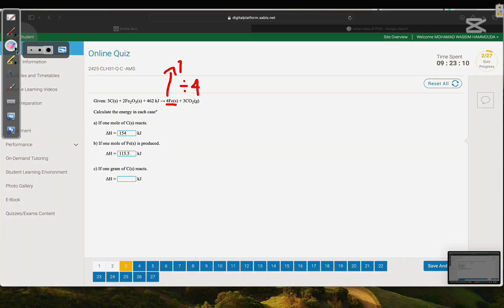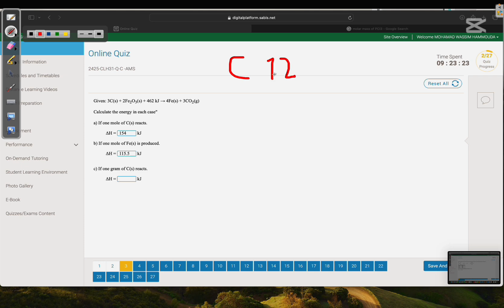If 1 gram of C reacts, the molar mass of carbon is 12. And here we have 3 moles. So 3C would be 36 grams.